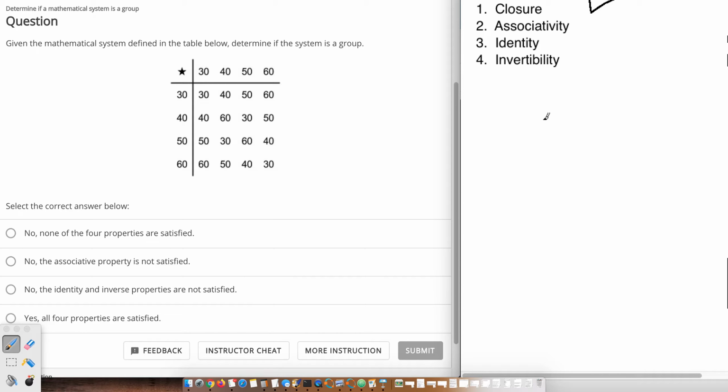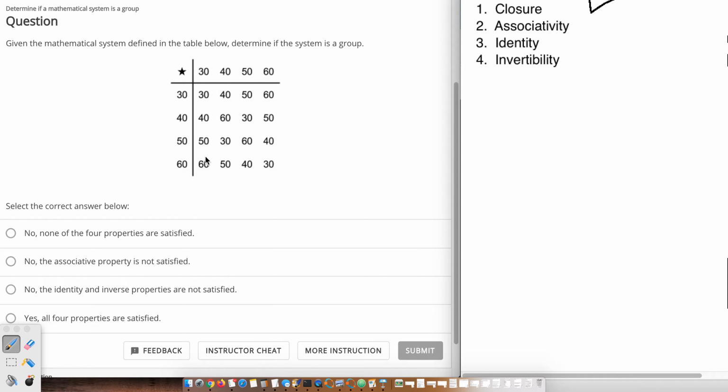Okay. Let's check the identity and invertibility first, because those are a little quicker, and that might help us eliminate some answers. For the identity element, you must be able to pair the element with something else and get back whatever you put into it at first. So 30 paired with 30 spits back out 30. If you pair 30 with 40, it spits back out 40. 30 paired with 50 spits out 50. 30 paired with 60 spits out 60.